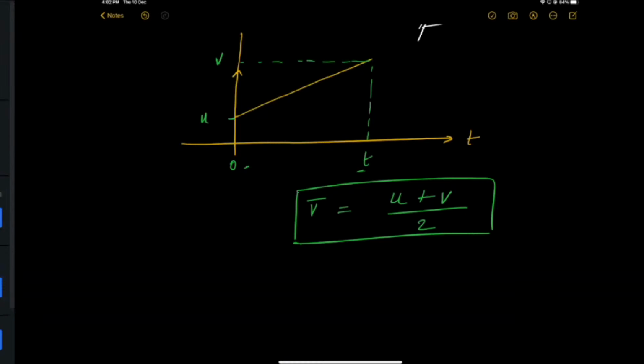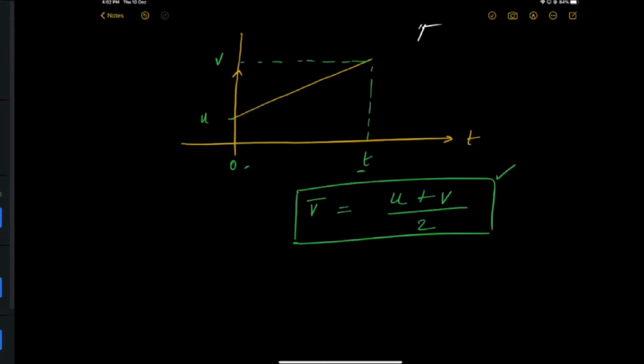If something is increasing uniformly, then its average value can be found by adding its initial value and final value and dividing by 2. This is true only for any values that are changing uniformly.